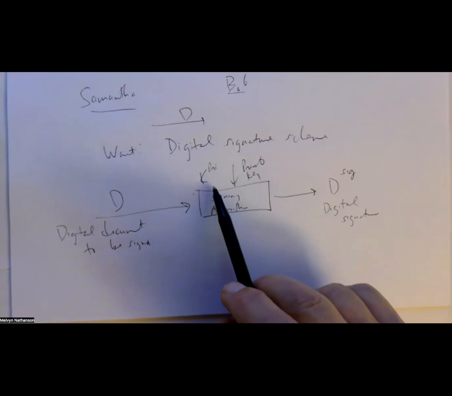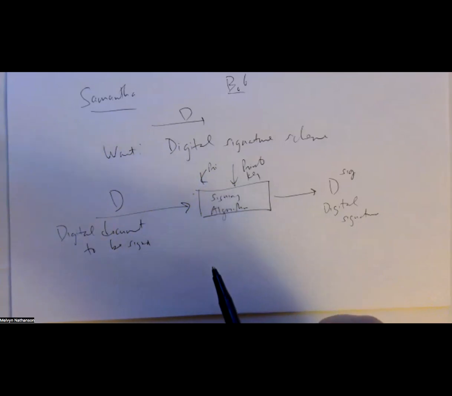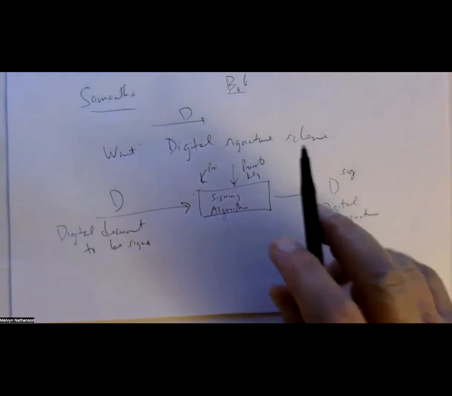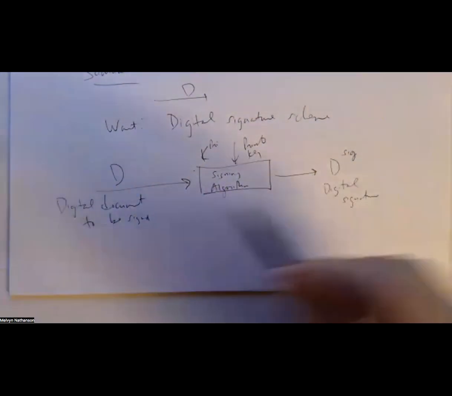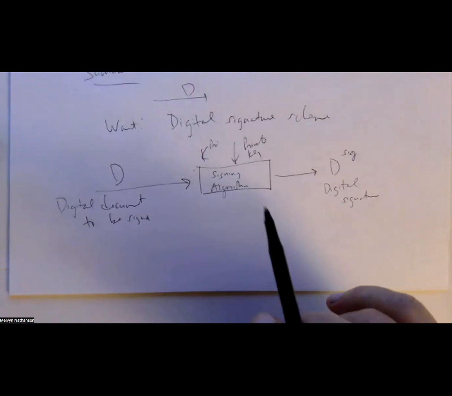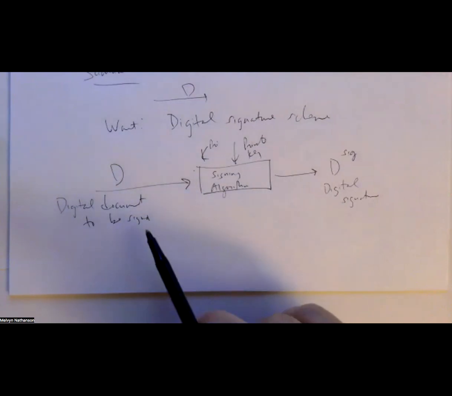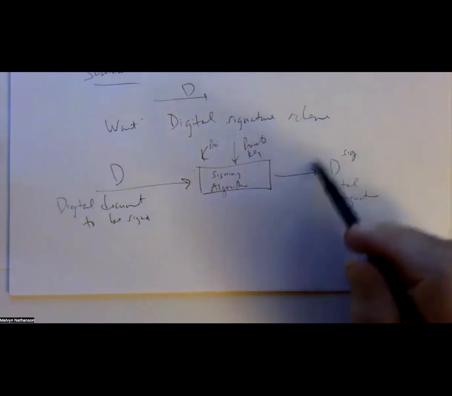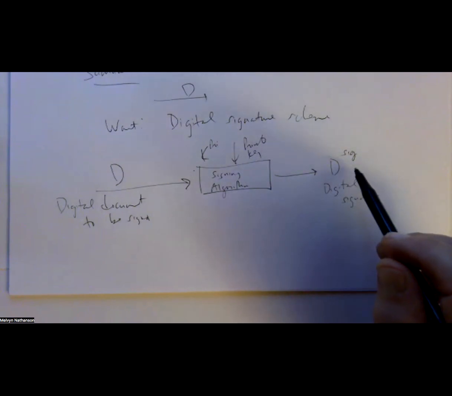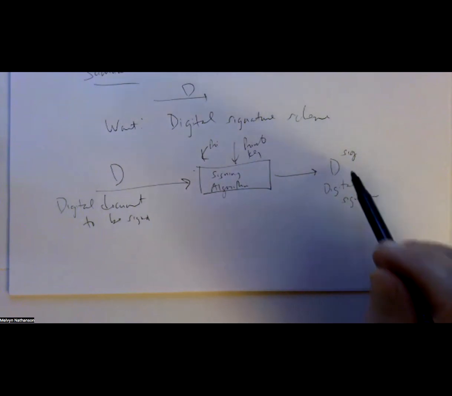And it's private, only the sender knows how to do this, okay? And so this is the signing part of the digital signature scheme, right? You have a document that you want to be signed, so you need to send a signature. So you have a way to sign the document. So this is the signature on the document. You've changed the document. This is the signed document.